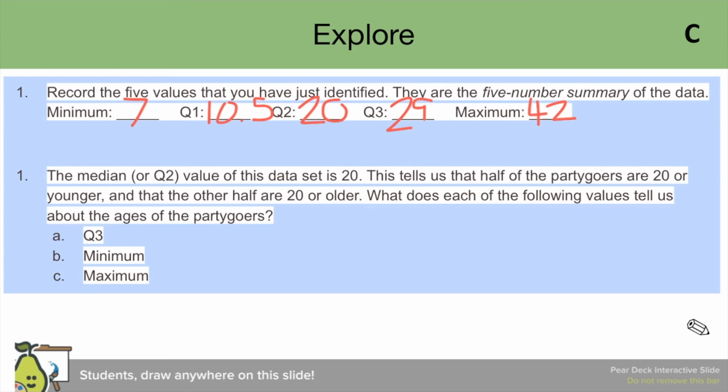The first quartile tells us that 1/4 or 25% of data values are less than or equal to that value. The second quartile tells us that 2/4 or 50% of data values are less than or equal to that value, and so on. You can ask students, in what context does Q1, which is 10.5, tell us? A sample response is that 1/4 of partygoers are 10.5 years old or younger.